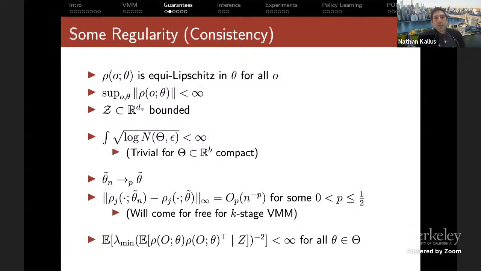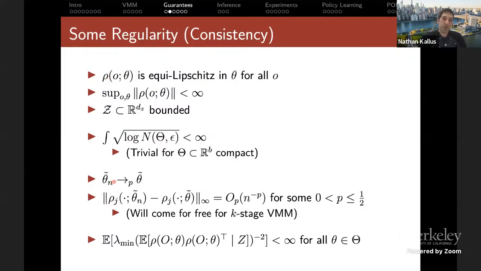So we need some pretty mild regularity. That's not saying too much. We're not making too many complexity assumptions. The only complexity assumption we're making is about theta. Theta needs to have a finite entropy integral. This is trivial if theta is a finite dimensional parameter set, right? Otherwise, we're just going to assume that these moment functions are equi-Lipschitz, and they're bounded.